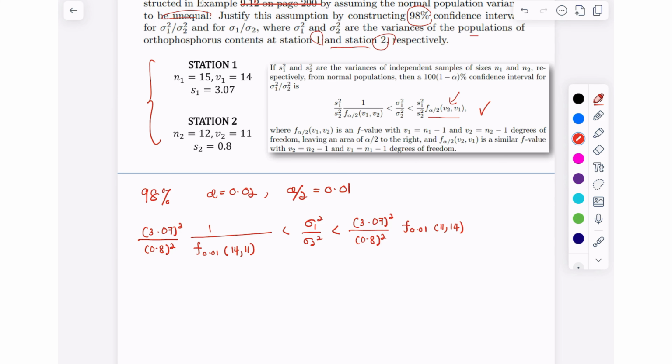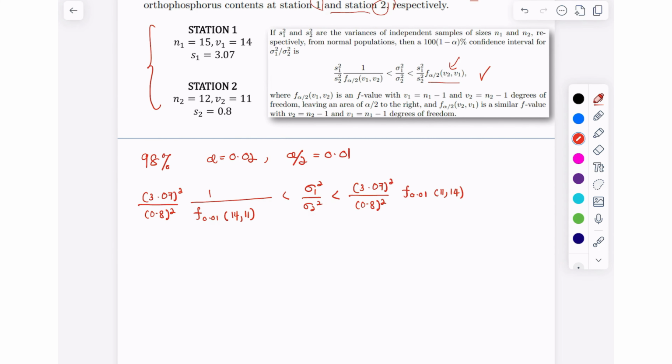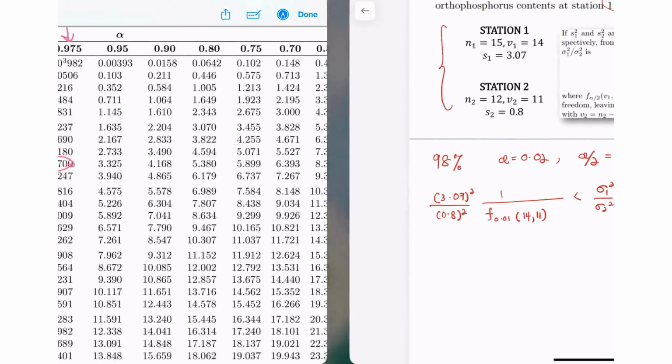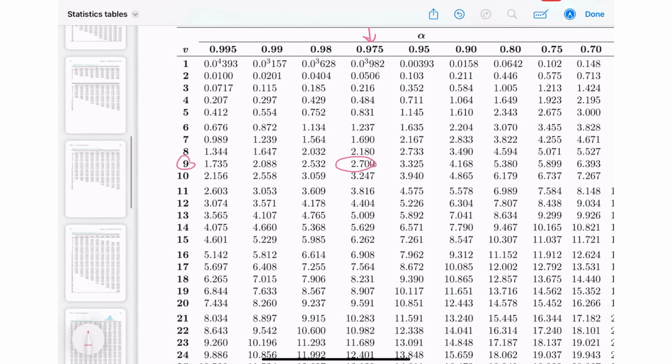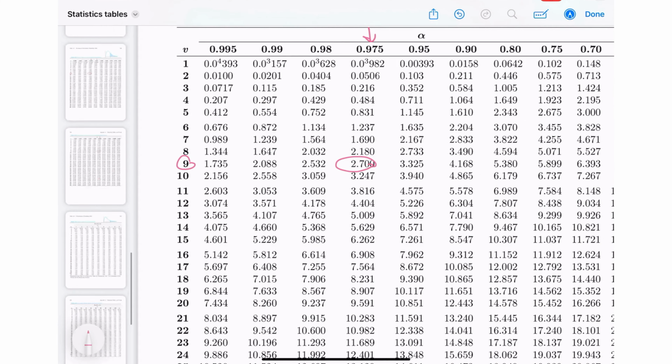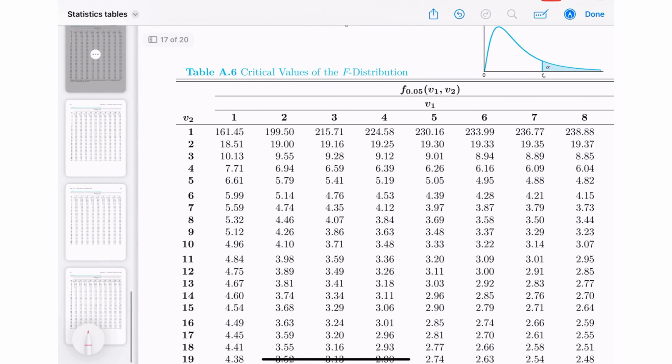So you need to check the F distribution table for this one. What is it for the case when F 0.01, degrees of freedom 14 and 11? So we check the F distribution table. For the case 0.01, this is 0.05.